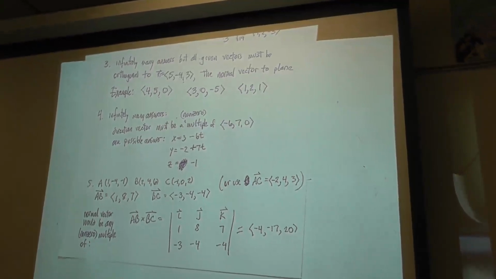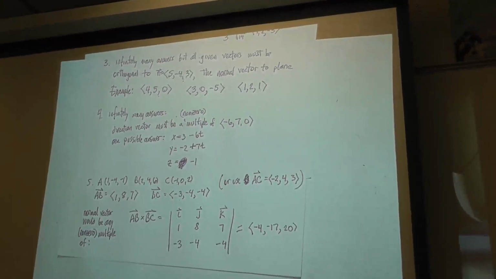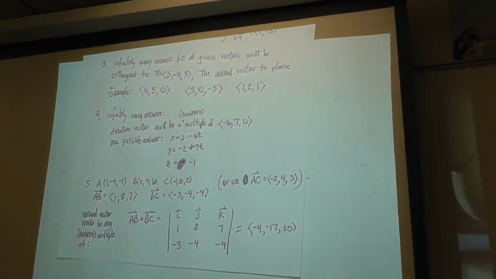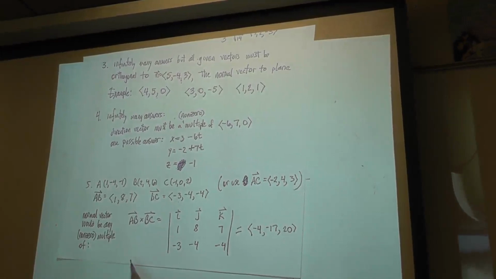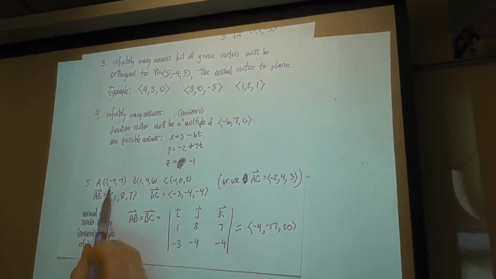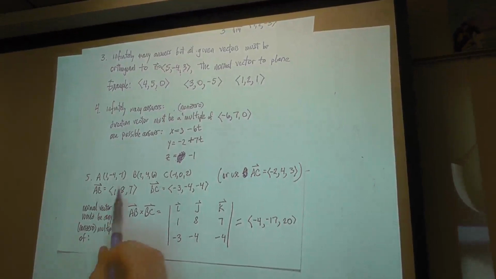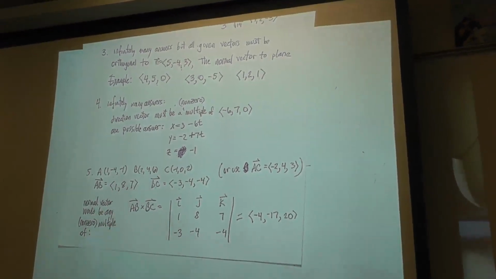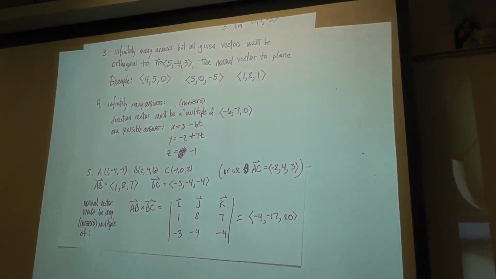Okay? So what made you choose your components? Because of number 5, playing through the points, I have to use those points to generate vectors. These points are different than the components. Oh yeah, you can't cross points. I mean, you could pretend they're vectors and cross them, but it's pretty meaningless.